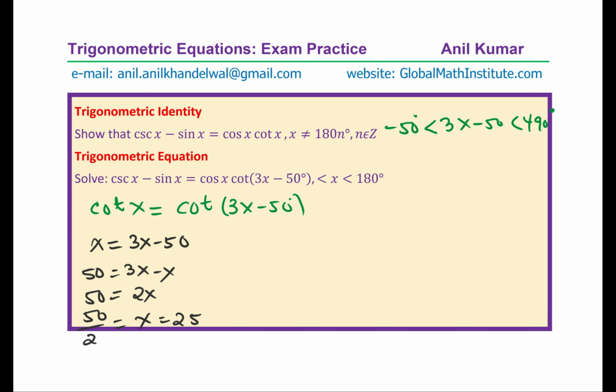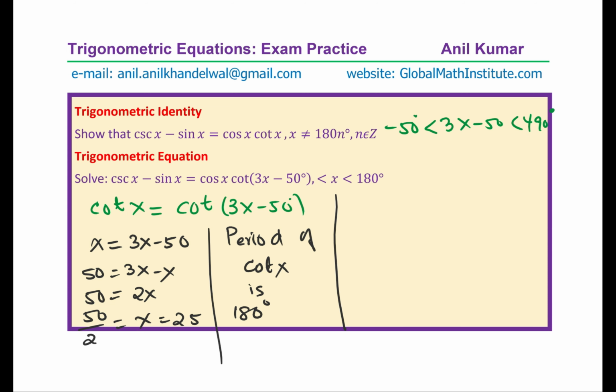Now we know that the period of cotangent is 180 degrees, right? And therefore, we can say that x plus 180 degrees should also be equal to 3x minus 50.